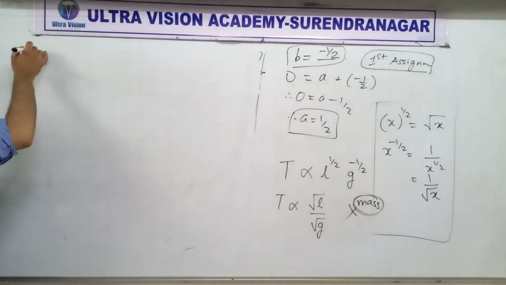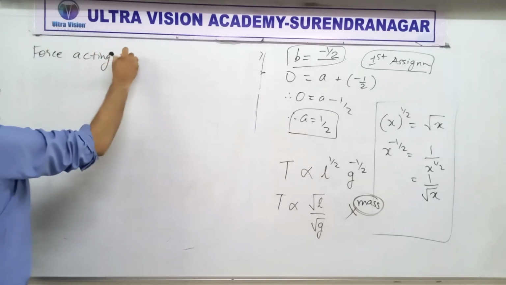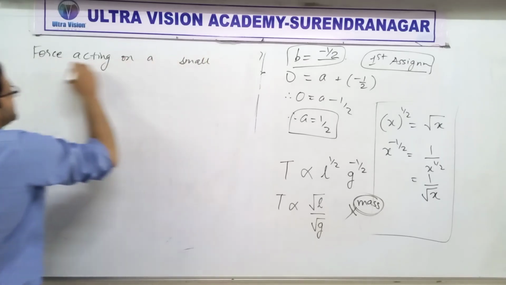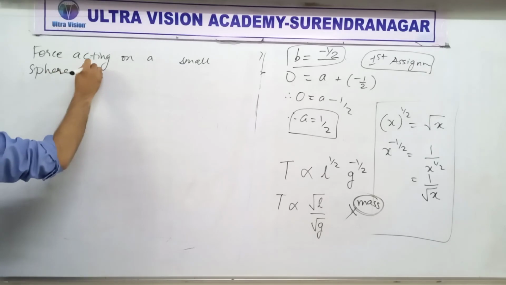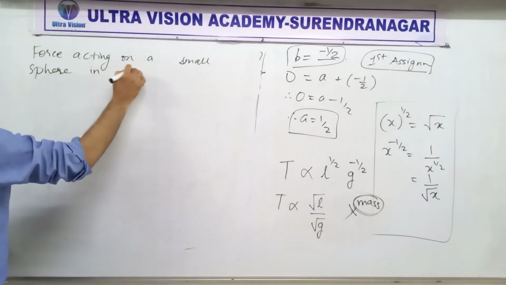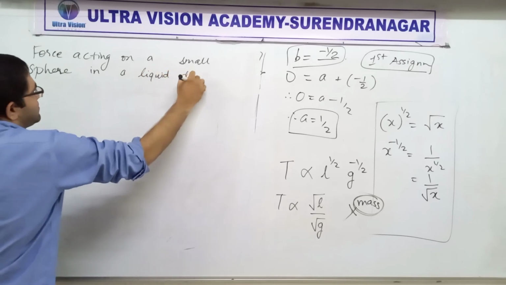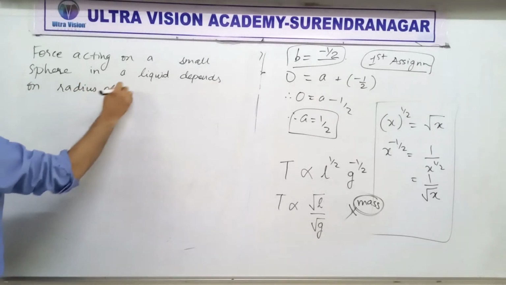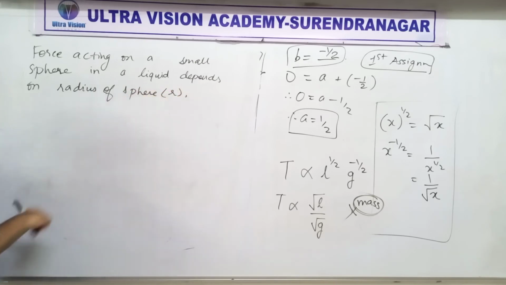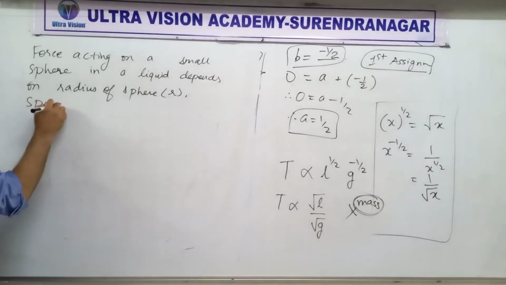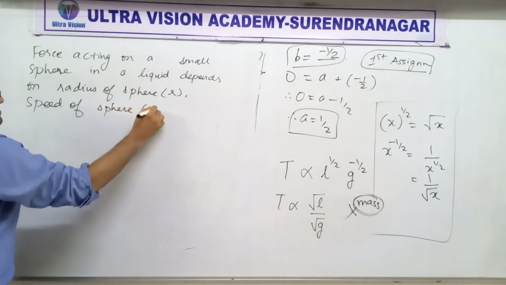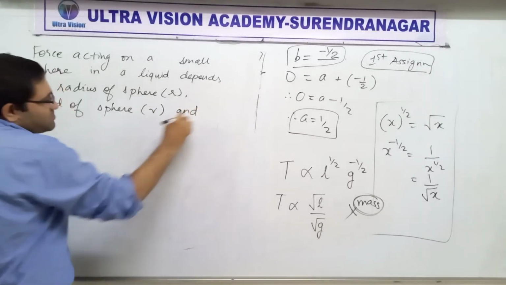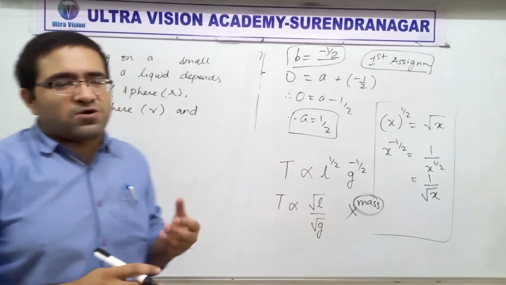Alright. It is as follows. Force acting on a small sphere in a liquid depends on radius of sphere, that is r, speed of sphere, that is v, and then there's something called coefficient of viscosity.